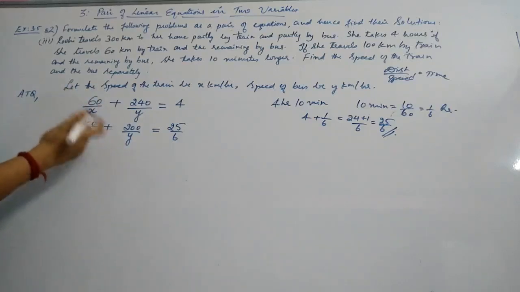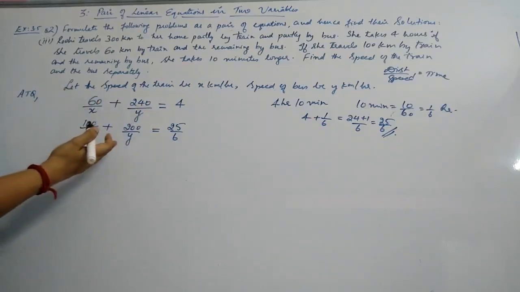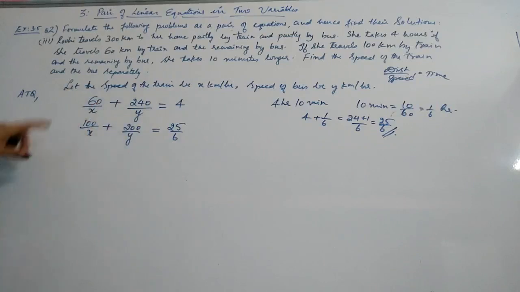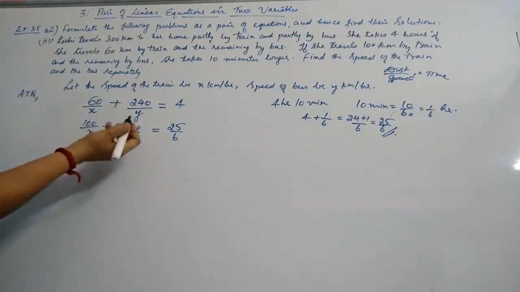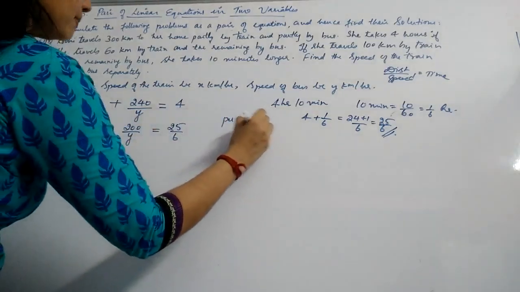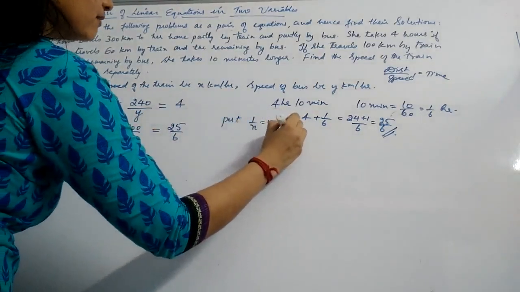Okay, now you can just simplify the two equations. Simplify in the sense, what you can do here, this 1 by x can be reduced as some other variables, we are just putting 1 by x as u and 1 by y as v.